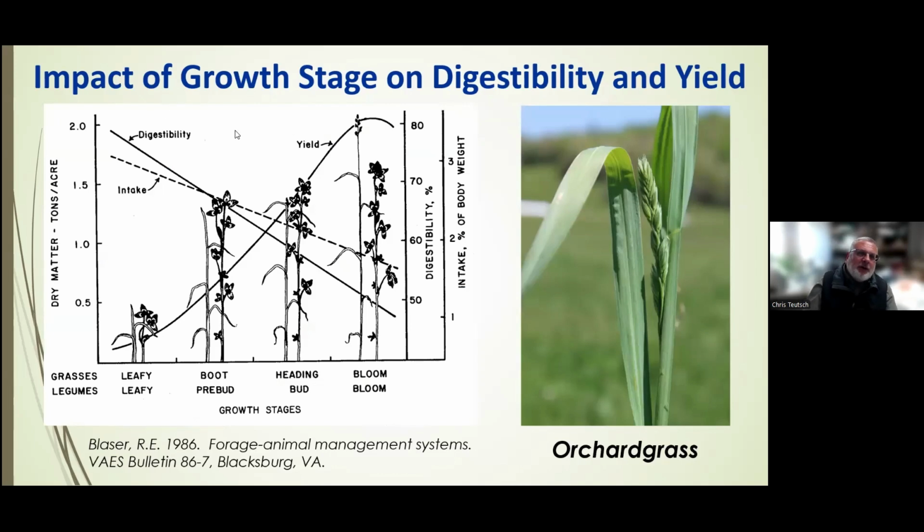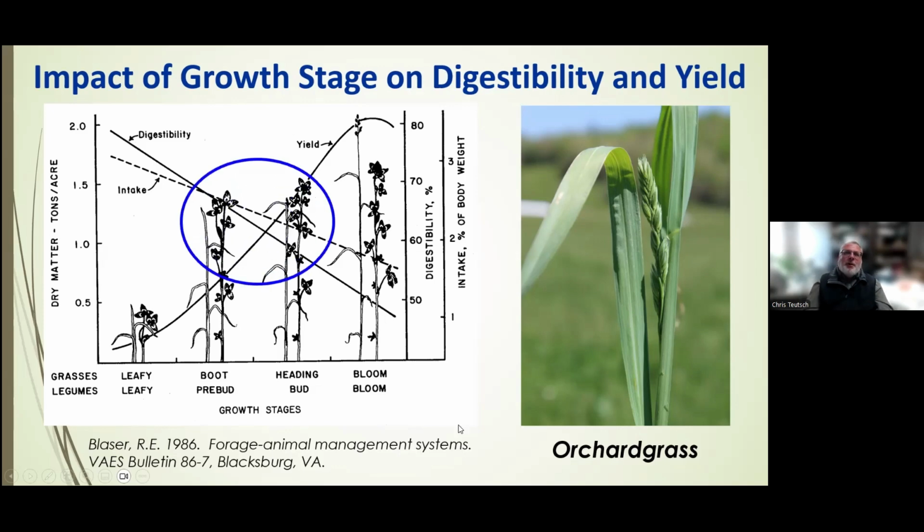So if I look at this graph, this is moving from a leafy vegetative plant to a plant that's in the reproductive stages, or blooming and producing seed. As we increase, our biomass increases and is optimized when that plant is at full bloom. However, our forage quality, the digestibility of that plant in the rumen of the animal, and the amount of that forage the animal can eat, both decrease as that plant moves from a vegetative stage to a full bloom stage.